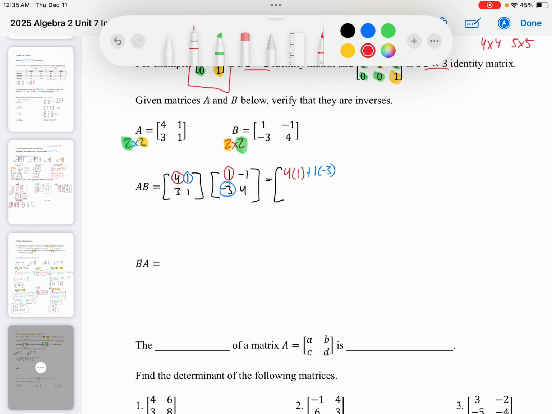Then for the next one, I would do again this first row from matrix A, but this time times the second column from matrix B. So we would do again this 4, but this time times the negative 1. So 4 times negative 1, and then the 1 from matrix A times this 4 from matrix B, so plus 1 times 4.